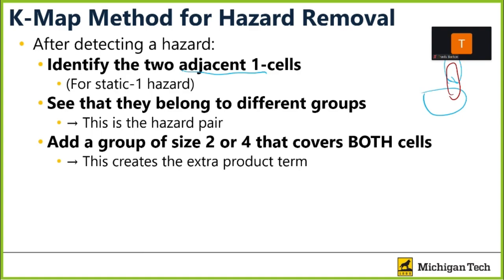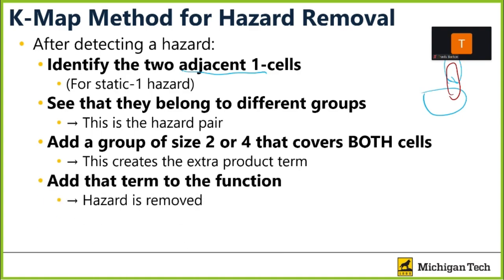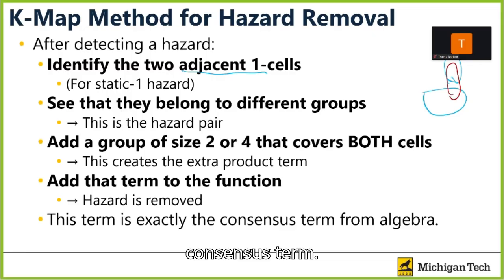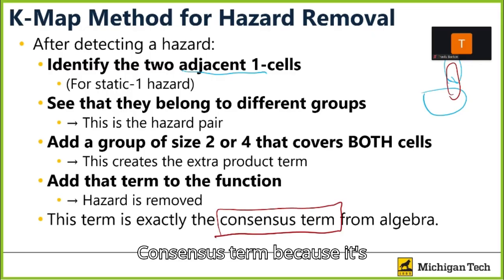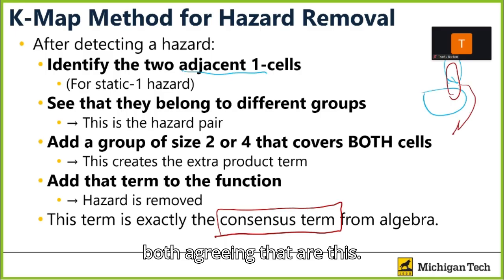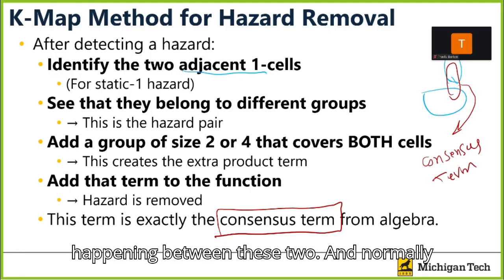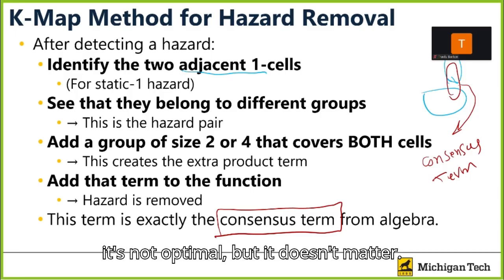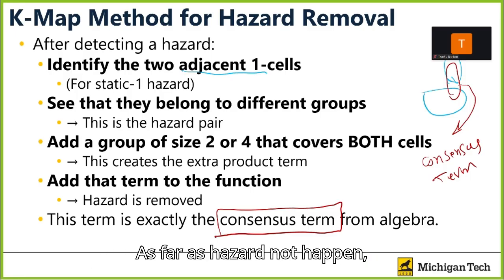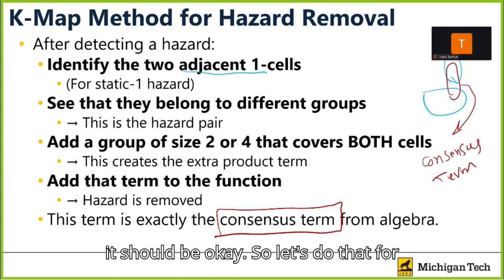This is called a consensus term, because both groups agree on it. It's one extra term between these two, and normally it's not optimal, but it doesn't matter as long as hazard doesn't happen. It should be okay.